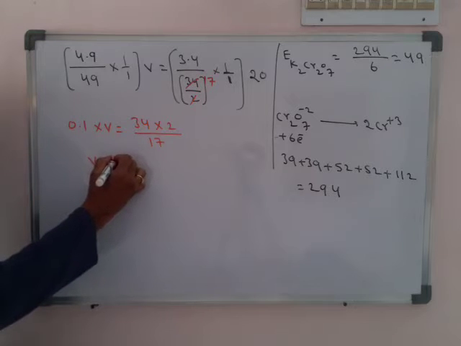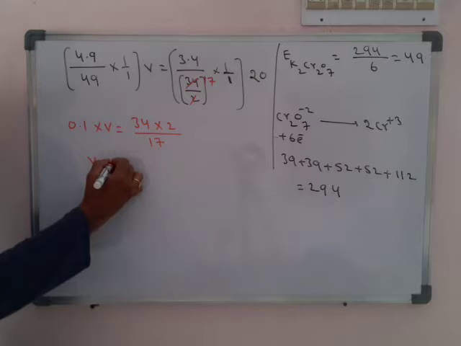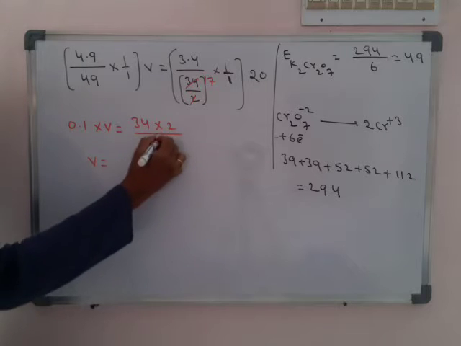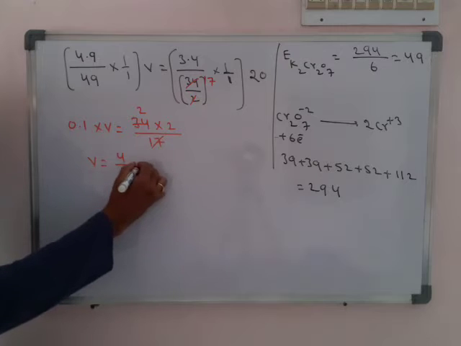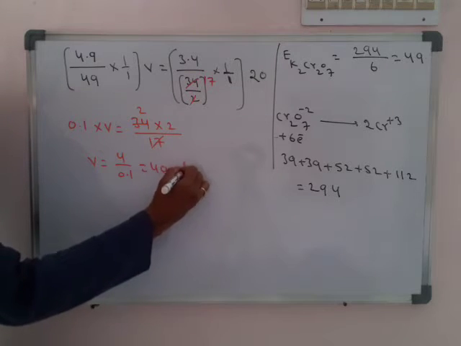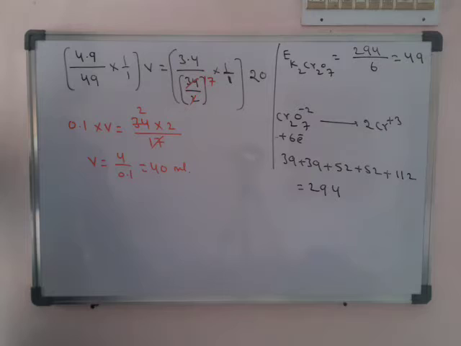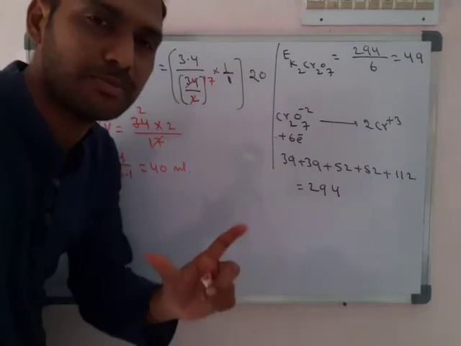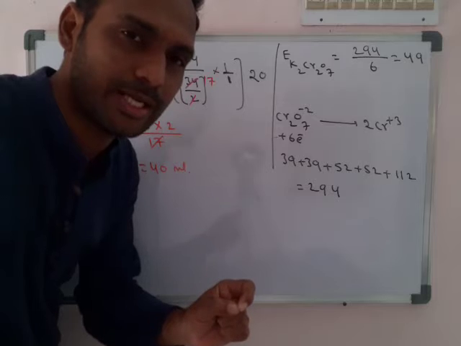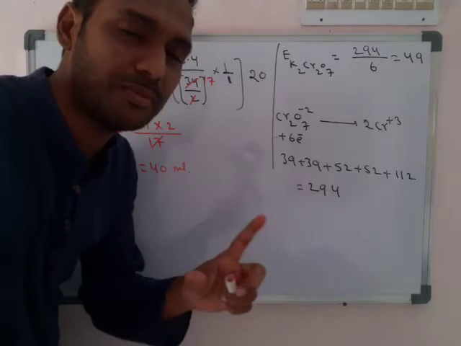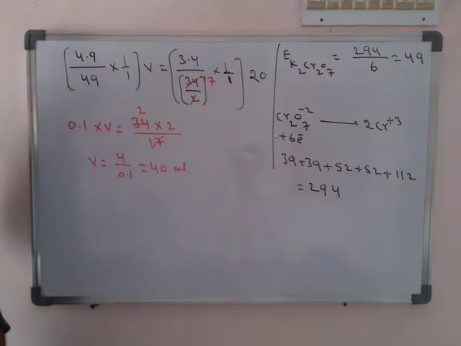So volume equal to total 40 milliliter. So what is the volume of potassium dichromate? 40 milliliter of potassium dichromate is required to react with 20 milliliter of hydrogen peroxide.